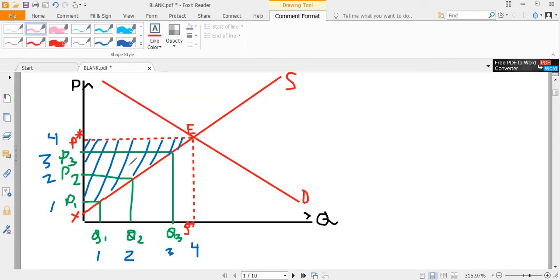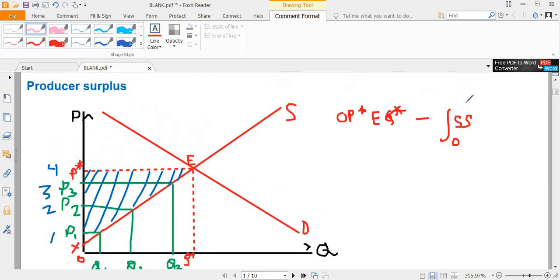If this is origin O, I would think of producer surplus as the total area O P star E Q star, the entire rectangle, minus the area under the supply curve, and the limit will be 0 to Q star.